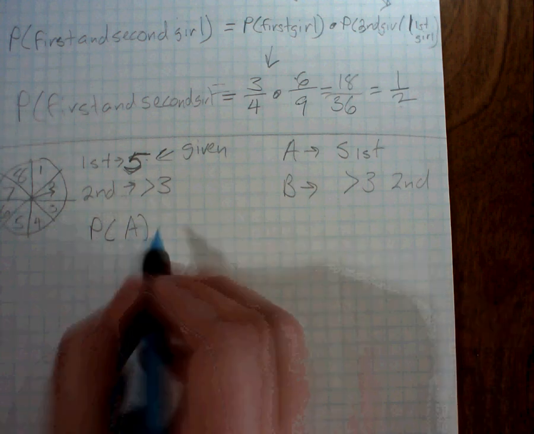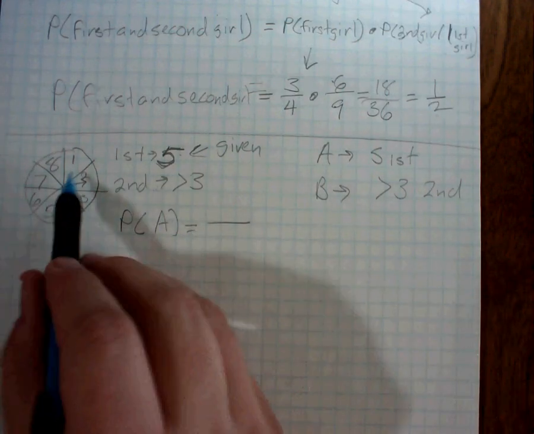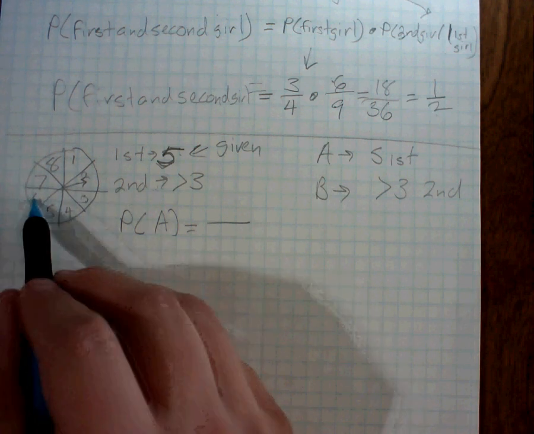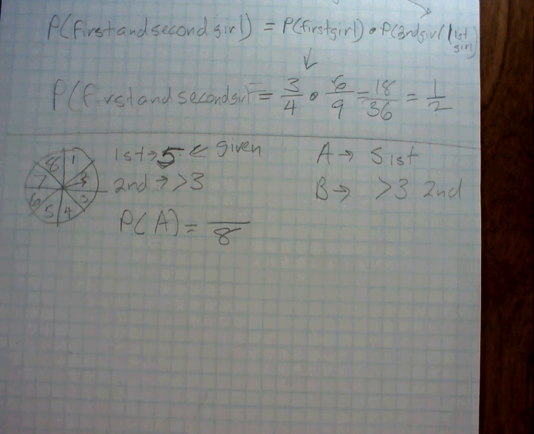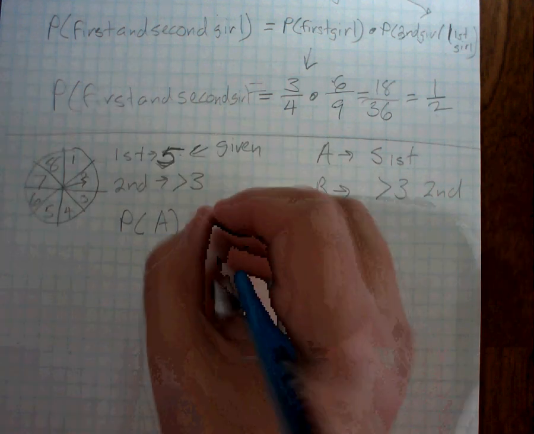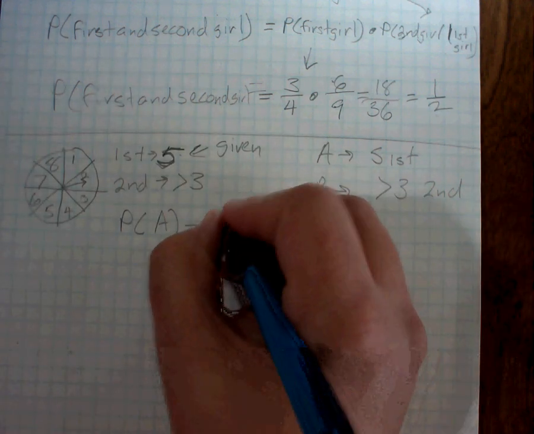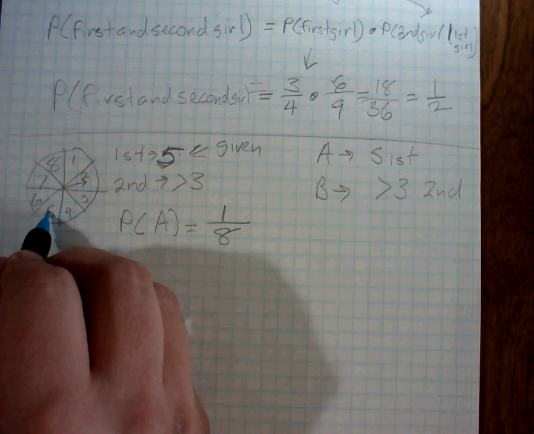Now, when I think about the total possible outcomes, when I spin this thing, I'm either going to get a 1, a 2, a 3, a 4, a 5, a 6, a 7, or an 8. So there's 8 possible outcomes when I spin the spinner. The probability of me getting a 5 is just going to be 1 out of 8, because there's only one 5 on here.